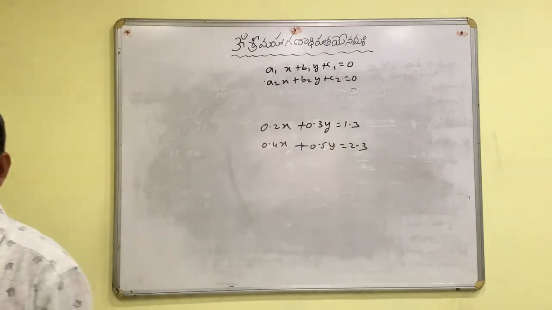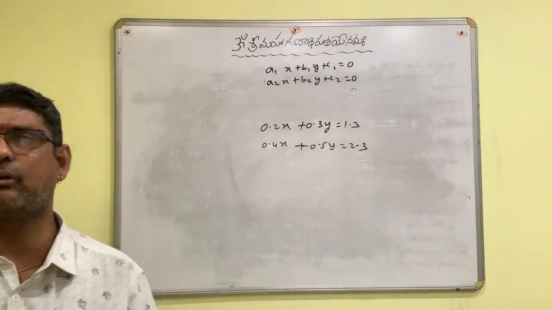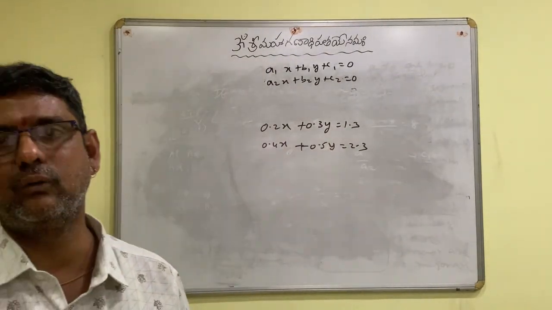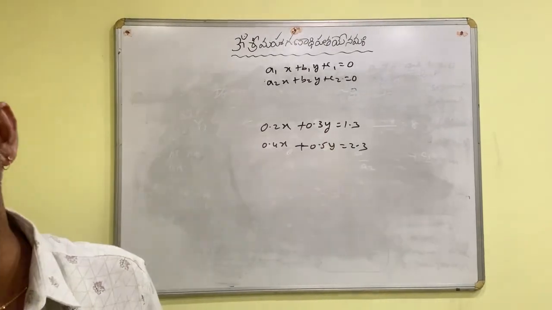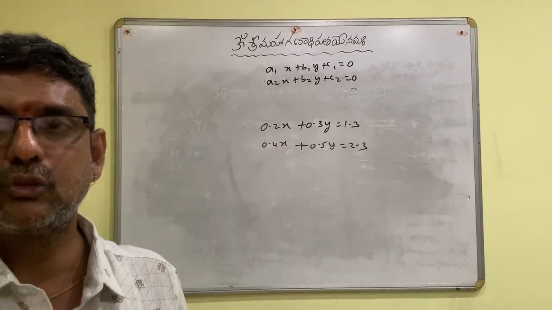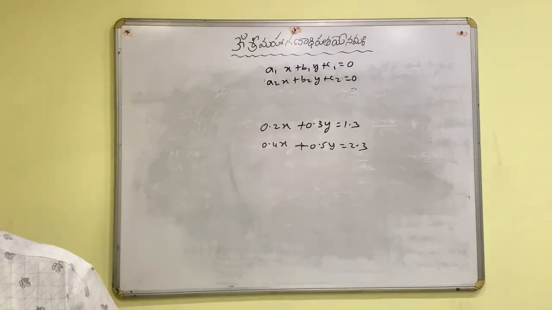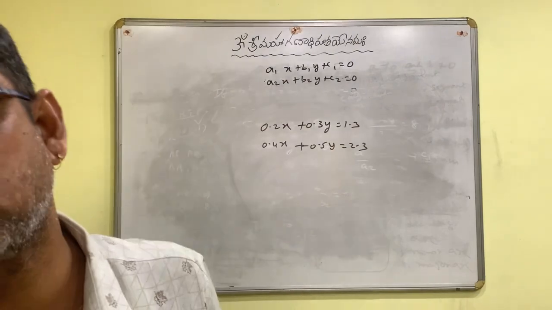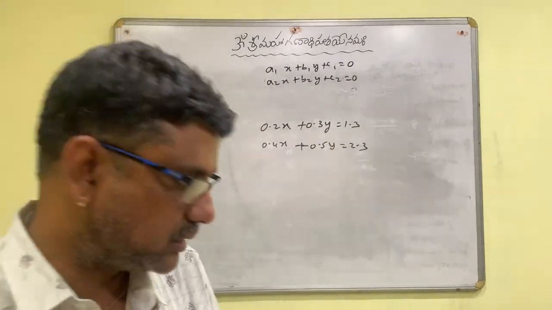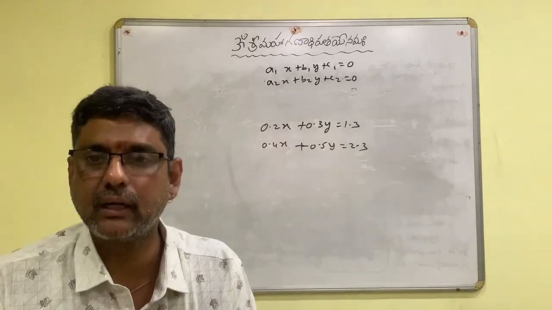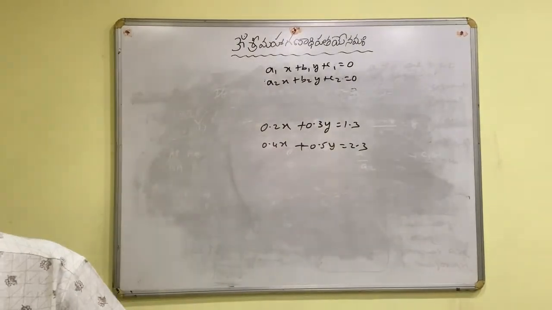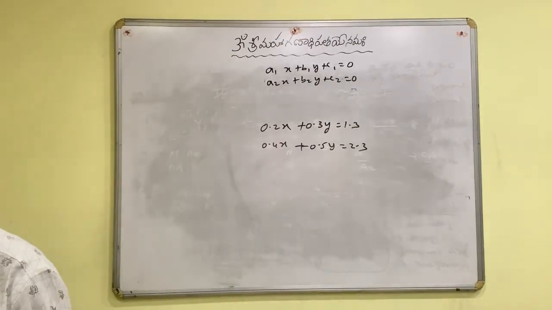Very good. 0.2 by 0.4 means 1 by 2. B1 by B2 is 3 by 5. So A1 by A2 is not equal to B1 by B2. So consistent, intersecting lines, consistent pair of equations.